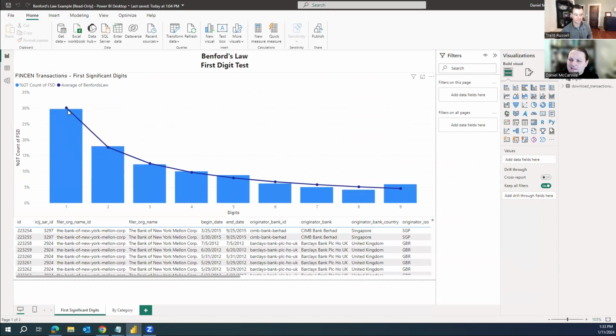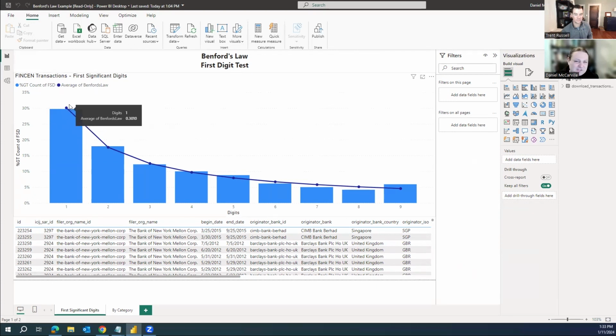And what I've got here is a blue line, which indicates what Benford's law expects. Just a formula based on these guys who observed that some of the pages in their books are used too often, right? So we're expecting 30.1% of all of these transactions to start with the number 1. In reality, 29.7% start with 1.